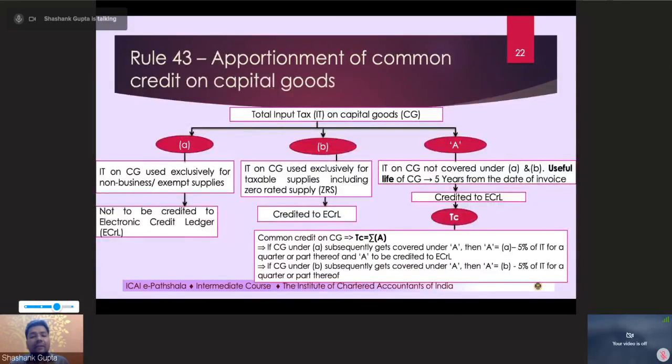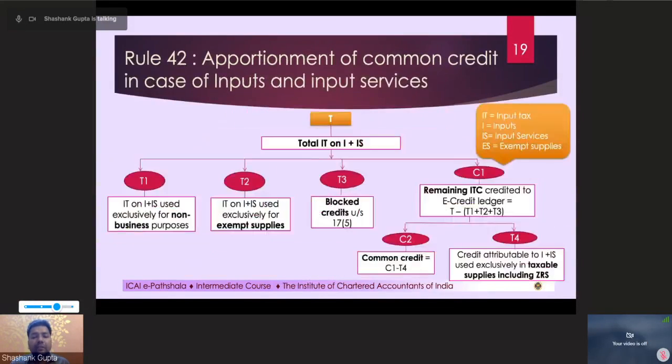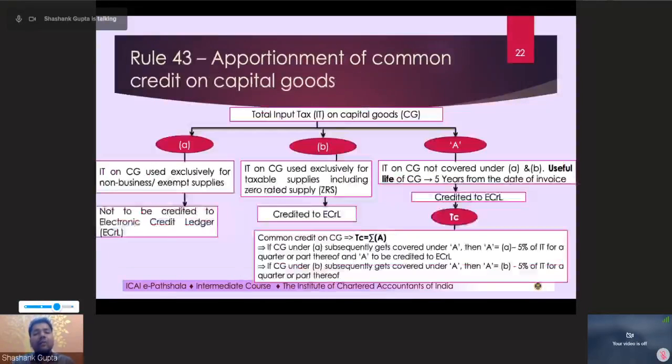Similarly, as we discussed Rule 42, this was specific to inputs and input services. Similarly, Rule 43 talks about apportionment of credit in case of capital goods. In case of capital goods, again, we need to first find out input tax on capital goods used exclusively for non-business and exempt, and this amount will not at all be considered, will not at all be credited to the electronic credit ledger in the first place.